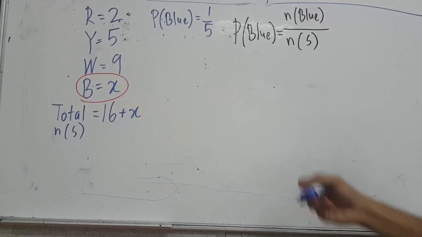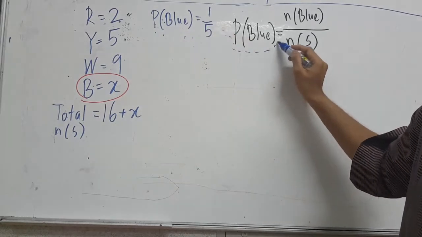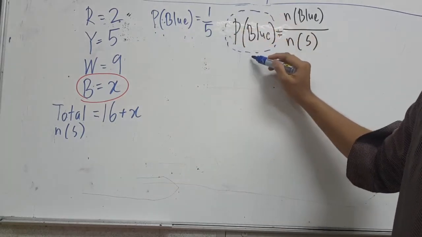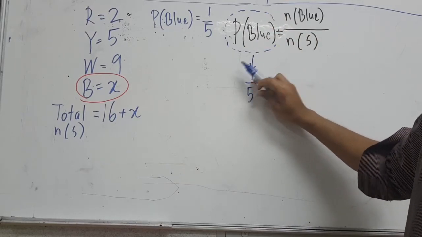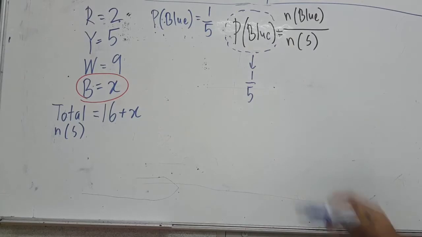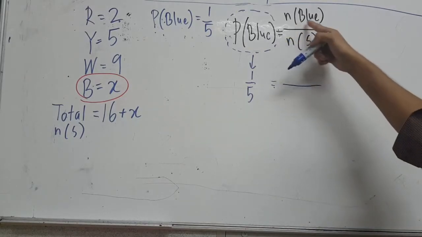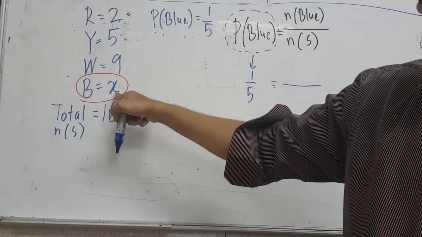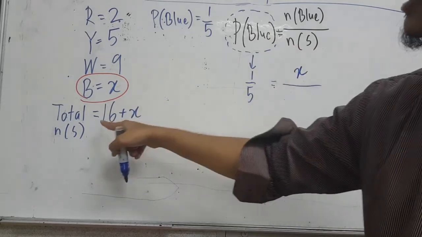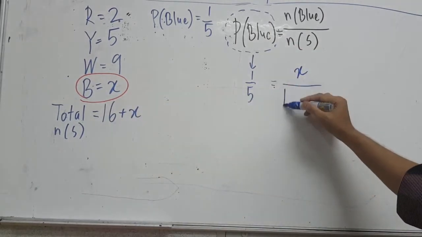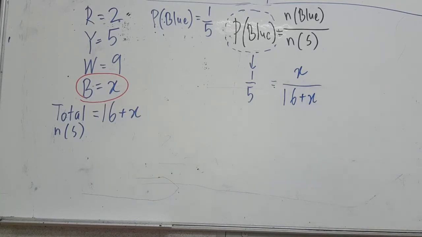From here we know that the probability of blue is 1/5, so we change it to 1/5 equal to the number of blue, which we do not know, x, over the number of all samples, which is 16 plus x. You get it for this?